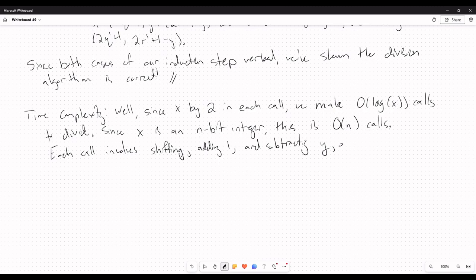And each of these are also O(n) operations.